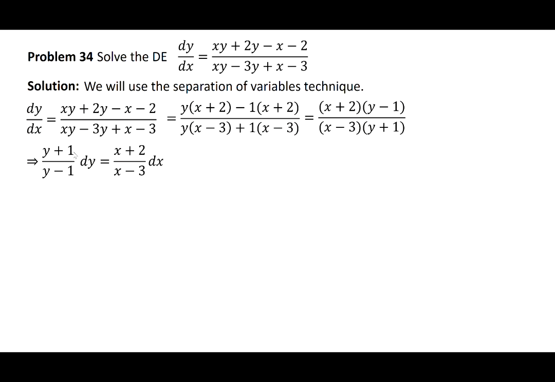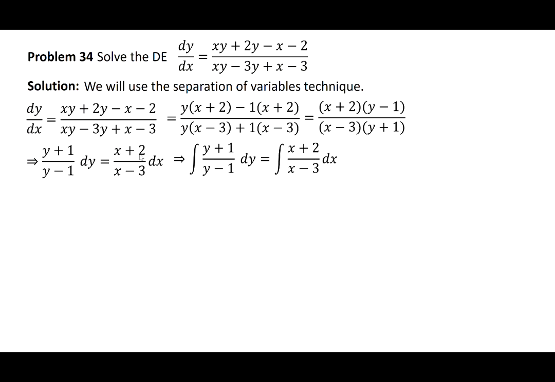Now, tell me how you proceed with the right-hand side in a similar fashion. You should write x plus 2 as what? Whatever the denominator is, x minus 3. You cannot obviously leave it like that. You must do something so that x minus 3 actually becomes x plus 2. You can accomplish that by adding a 5.